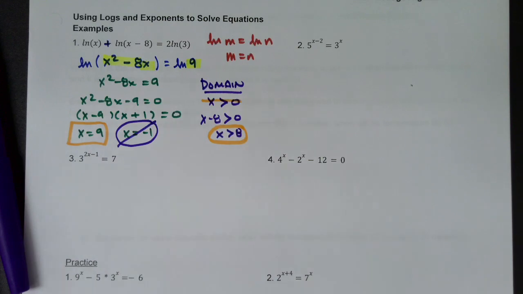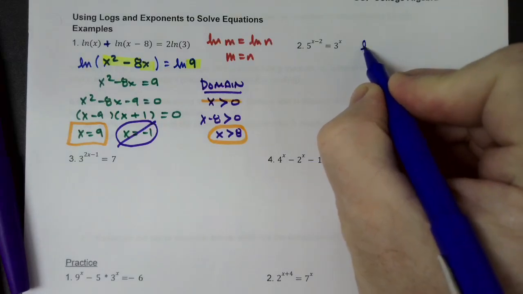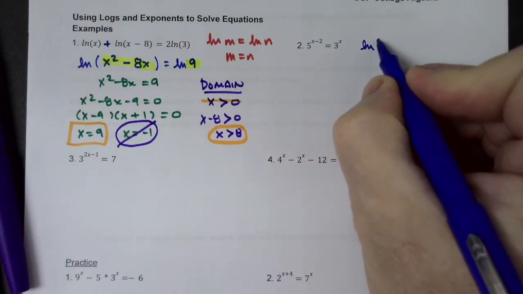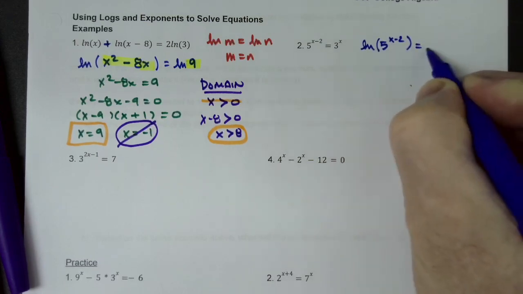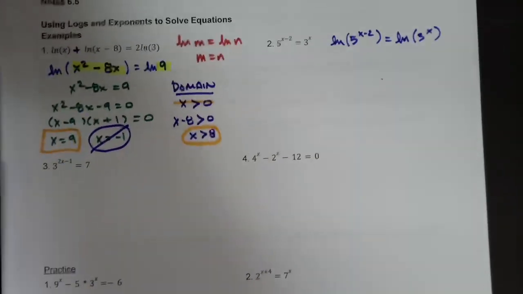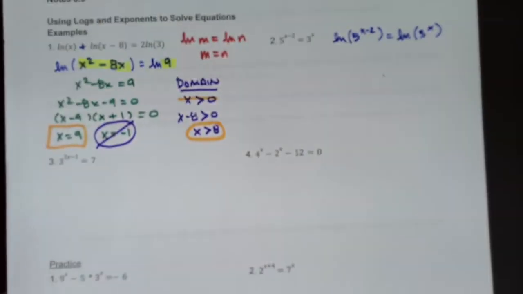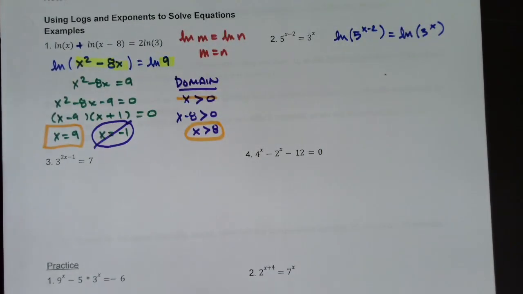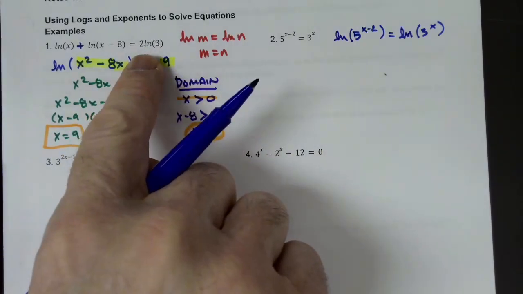Okay? Which means we'll go back to that idea that if we take the natural log of both of these, we can do that. It's part of the properties of equality that we can take the natural log of both sides. And when we do that, now we'll apply that exponent rule in reverse that we had over here.